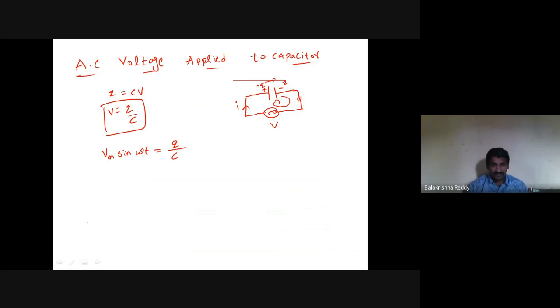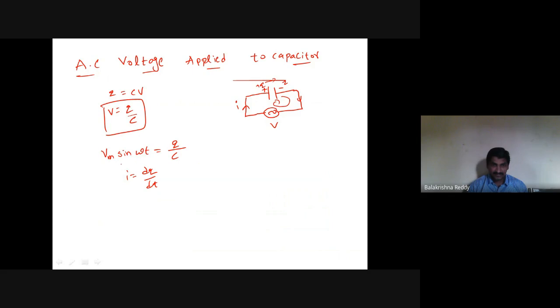We need to express this in terms of current, in the sense that we have to differentiate. For that purpose we know I equal to dq by dt. So how can you get I equal to dq by dt? You have to apply differentiation on both sides.